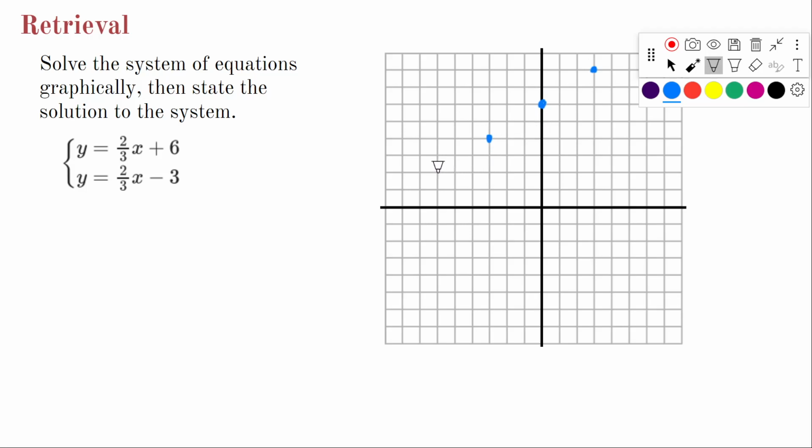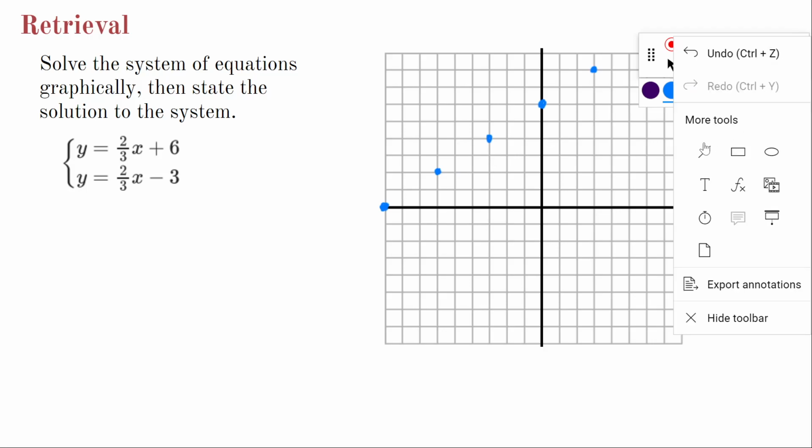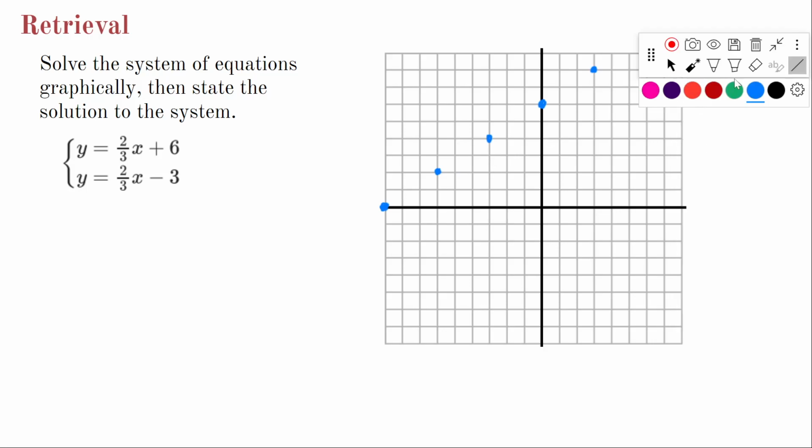And I can continue to do that to help me get points for my line. And then I'm going to graph a line through those points. So there's the first line.